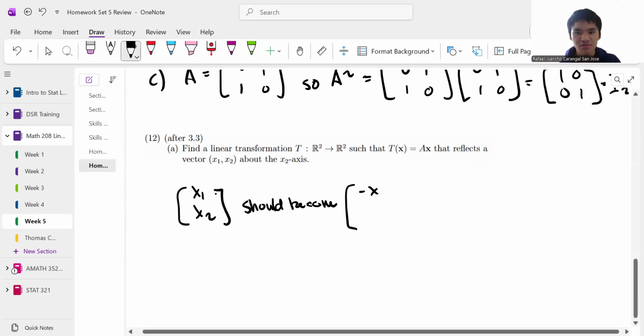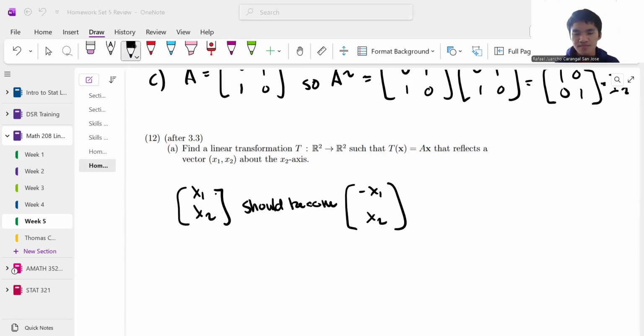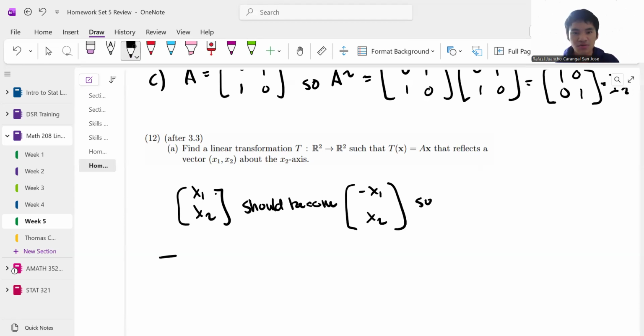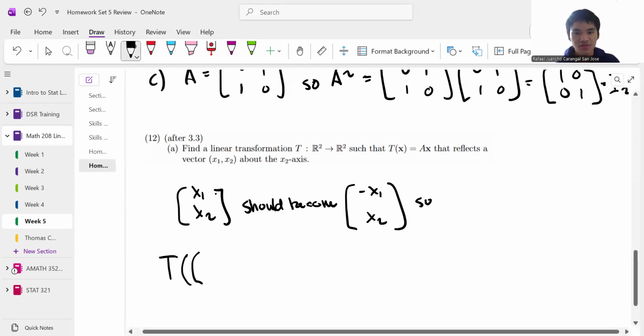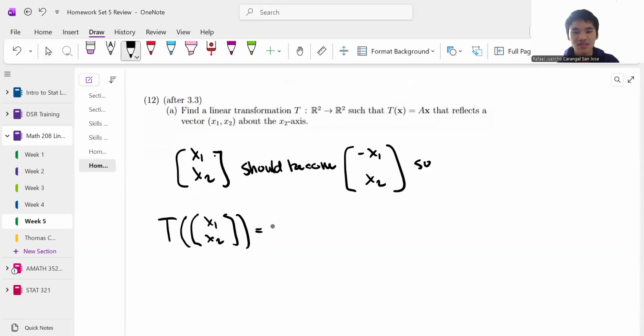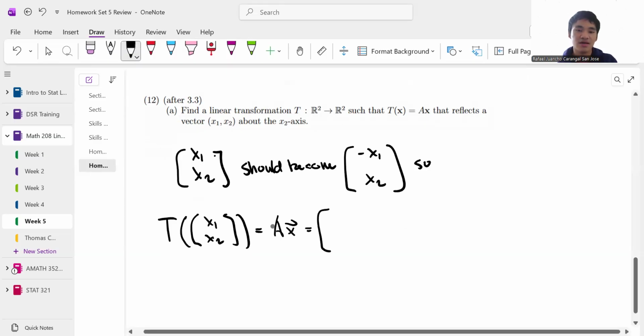This thing should become x sub 1, x sub 2. So when we think about our linear transformation, there has to be a way to multiply this, and that A is going to be something.